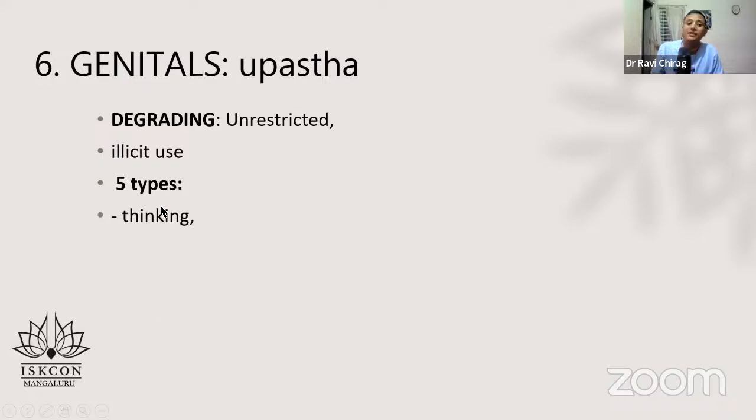Thinking about illicit or unrestricted sex, even thinking about those bad things, is also degrading. Even wrong thinking can lead to wrong activity. Even planning for that is bad. Talking to another person, saying oh, this thing happened, oh, that thing happened, oh, he did like that, talking is also a bad thing.